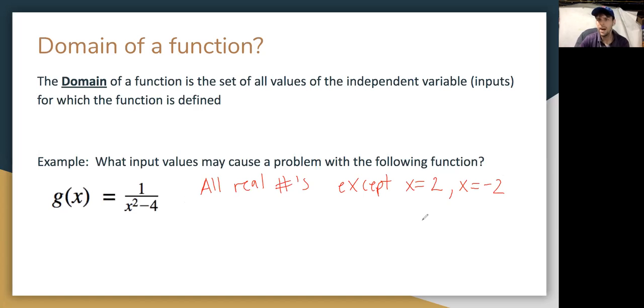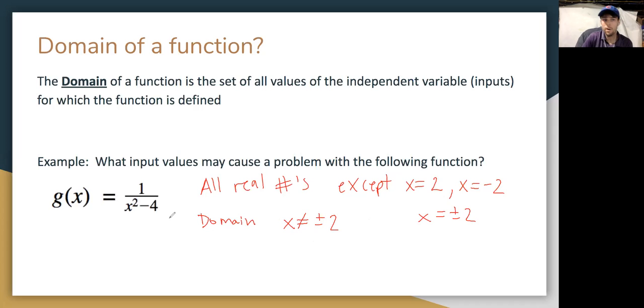Or you could even combine that to say except x equals positive and -2, right? You can combine that together. Other people might say the domain is x is not equal to plus or minus 2. So anything that's not equal to plus or minus 2, we're good. There are many different ways that it can be written for this type of domain.